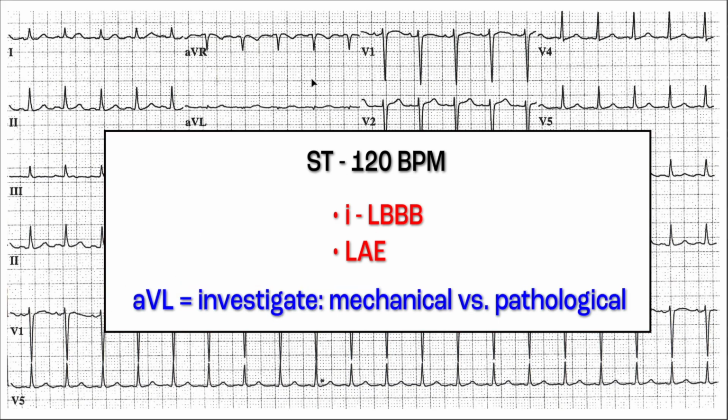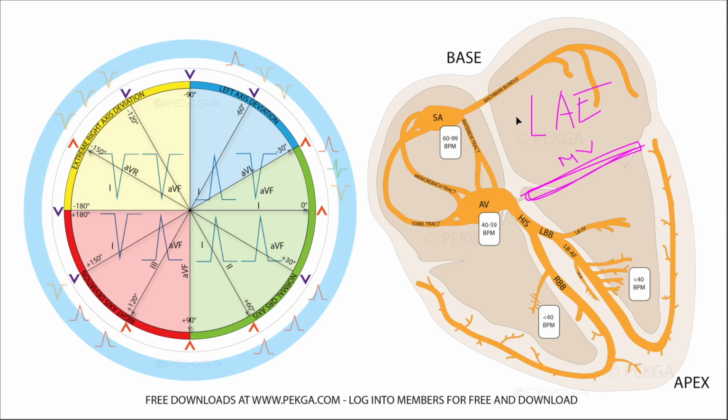And by the way, AVL would have been a great lead to figure out what's going on with the left atrium. Let me see if I can go back to that real quick. So see here, lead AVL is looking at what's going on right here. Well, more like right there.